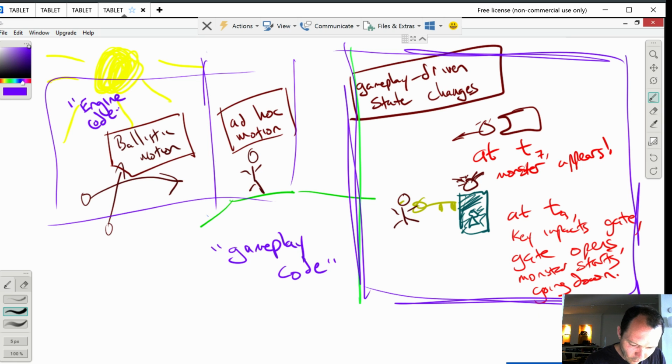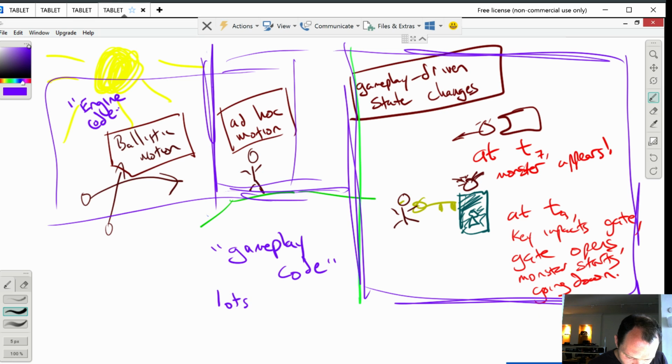These two, the ad hoc motion and the gameplay-driven state changes, are gameplay code. All right. There is lots and lots of gameplay code. It is the most messy code in the game, almost by definition, because it's not a system so much. It can't be systematized the way that an engine can be. It needs to be cheap to modify and build, right?